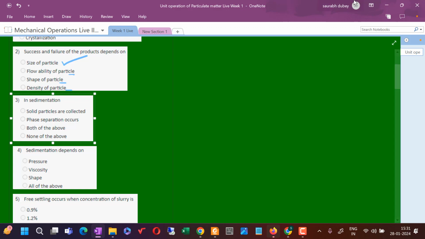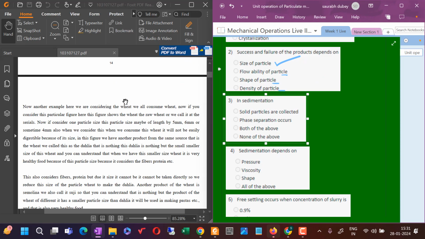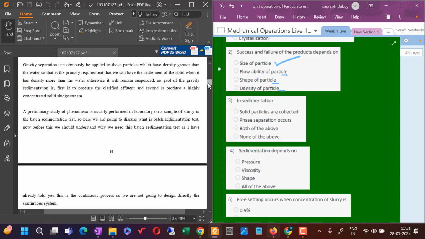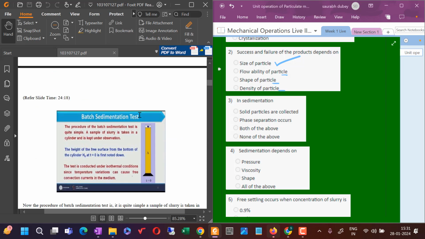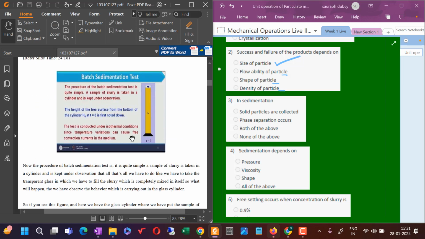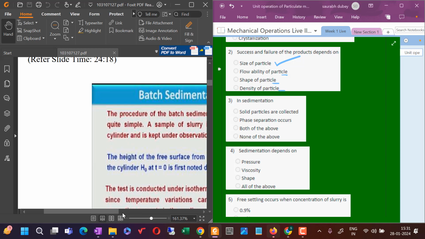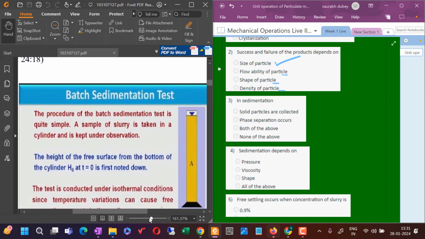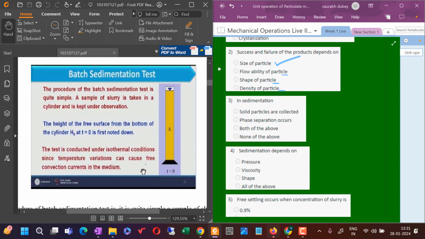So if you see in the lecture notes, where this was first introduced to you, it is the batch sedimentation process. I will be making it a bit bigger. In batch sedimentation, the slurry is taken in the cylinder, and this is the situation at t equals 0.